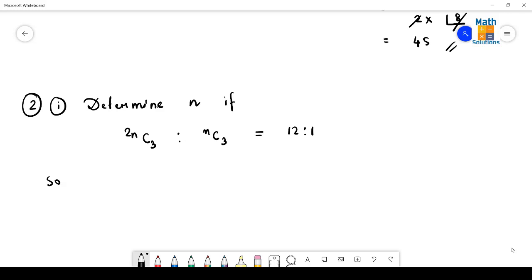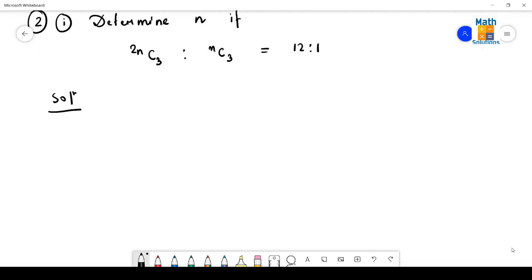So coming to the solution part, what do we have? Here, twice nC3 is to nC3 is equal to 12 is to 1.